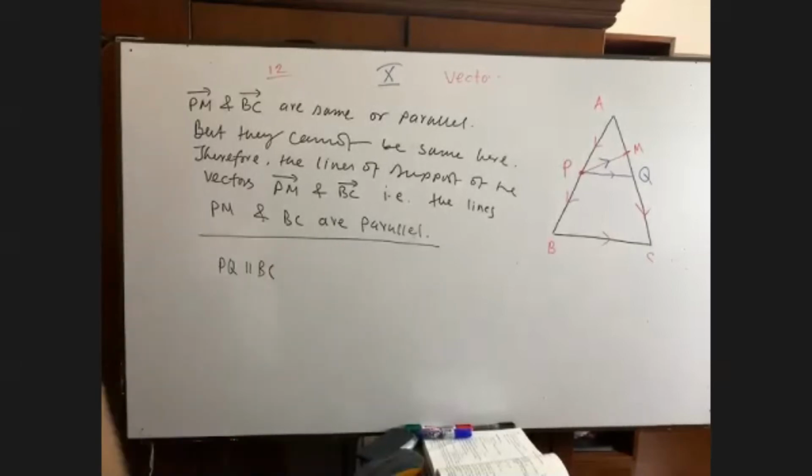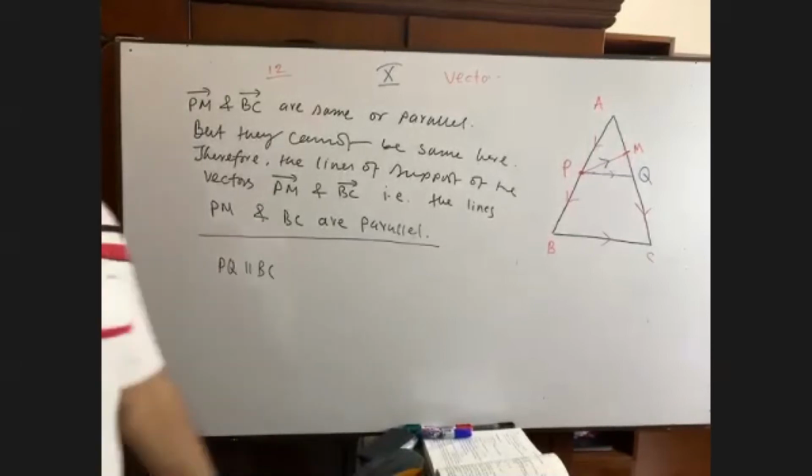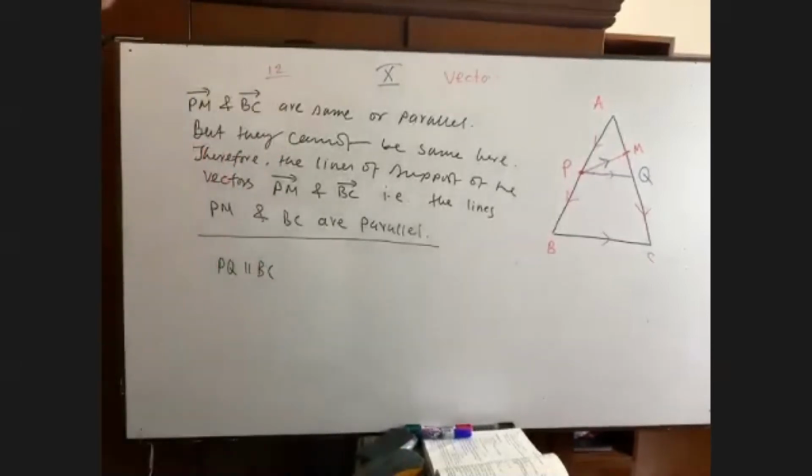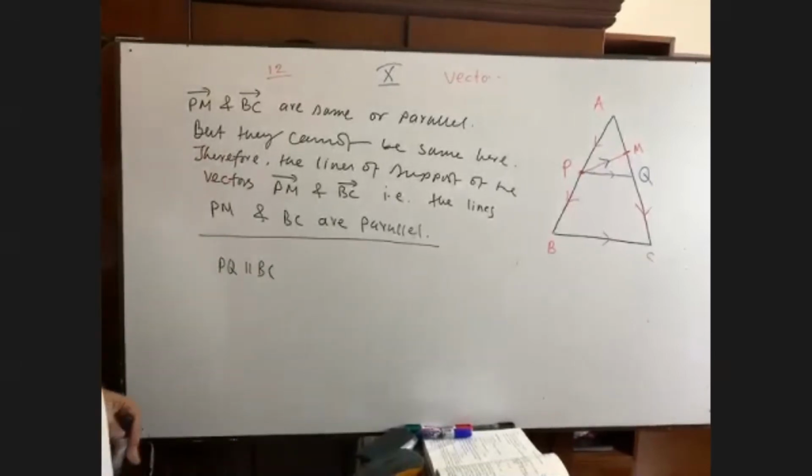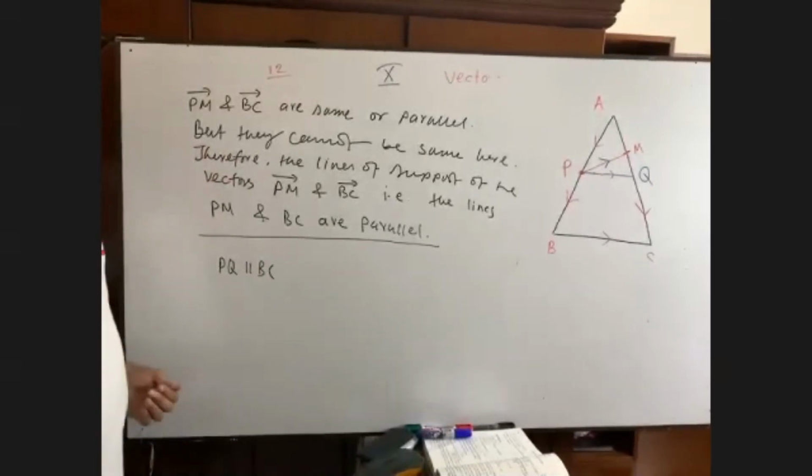Perhaps you are not copying, or perhaps you are giving less importance. Anyway, that is up to you. I am not waiting for your reply. Anyway, in the particular enunciation or so-called preposition, it was written that PQ parallel BC.